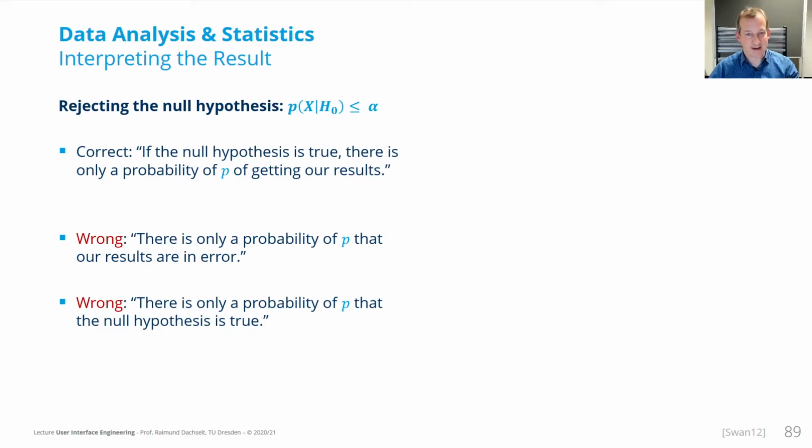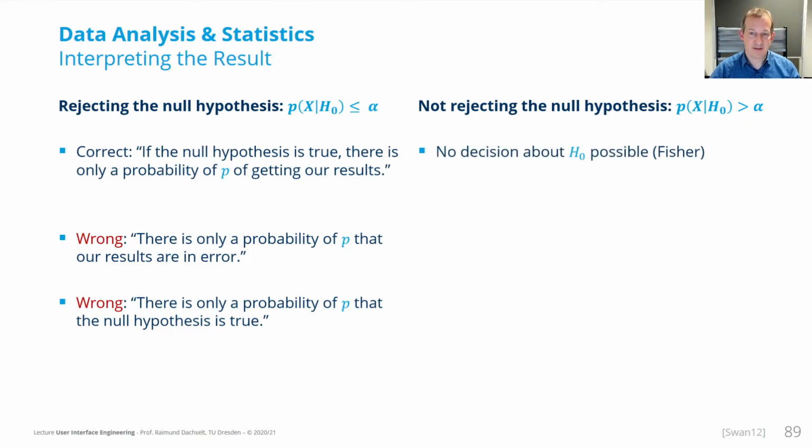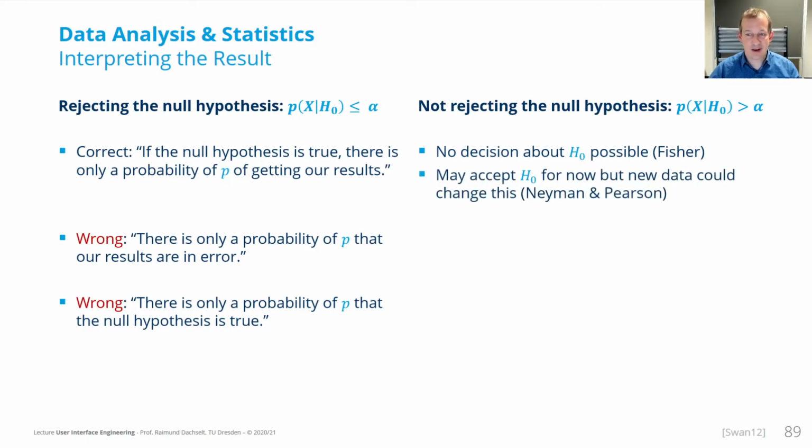And if you're not able to reject the null hypothesis, so there's no significant value to be found here, bigger than that alpha, there's no decision possible about the null hypothesis. This is one academic treatment, and another one by Neyman and Pearson is we may accept the null hypothesis for now, but new data could change this.